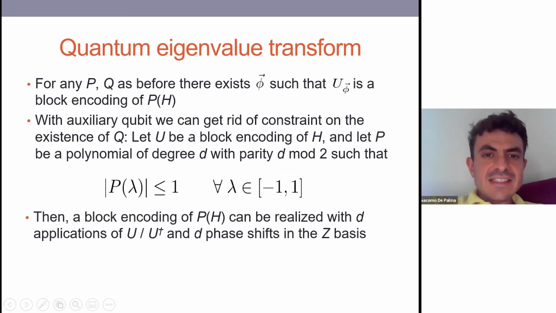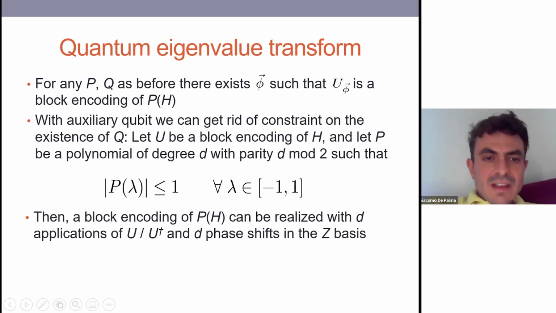Let's say that we start from a block encoding U of some Hamiltonian H. And let P be a generic polynomial that has degree D and it's even if D is even, and odd if D is odd. And let us assume that when the argument is between -1 and 1, the absolute value of P is less than or equal to 1.